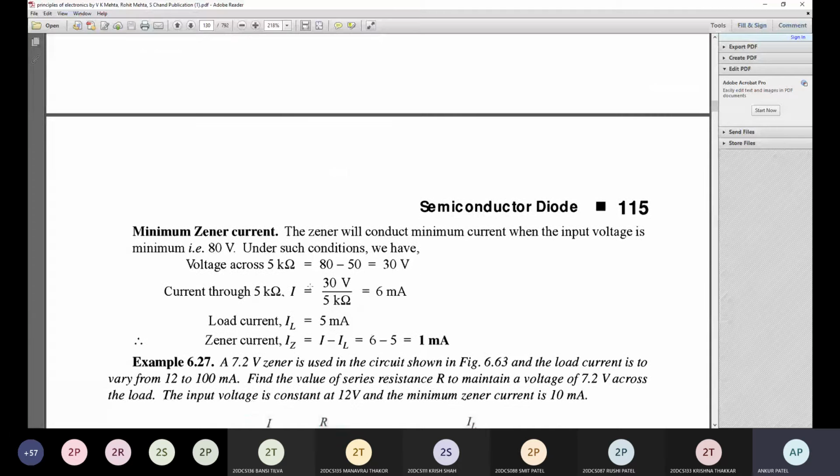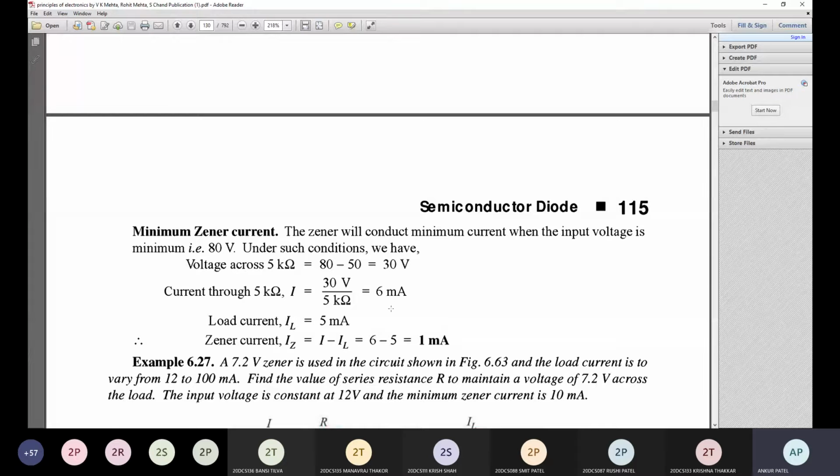Now for the minimum Zener current, the Zener diode will conduct minimum current when the input voltage is minimum, 80 volt. Under such conditions, the voltage across 5 kilo ohm, that is EI minus E0, is 80 minus 50, that is 30 volt. Current through 5 kilo ohm, I, is equal to V by R, so 30 by 5, 6 milliampere.